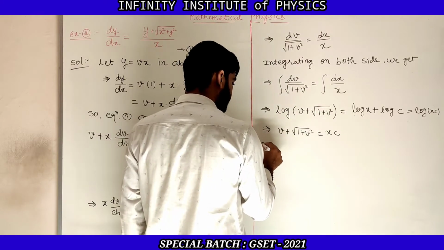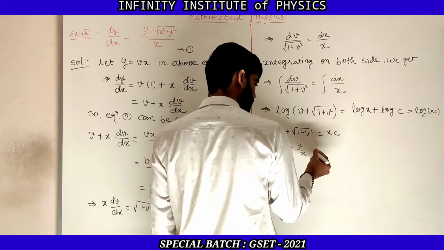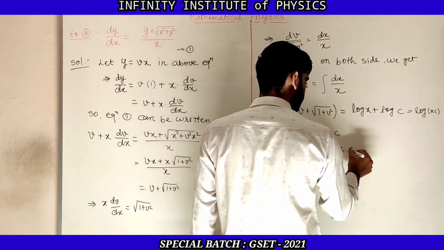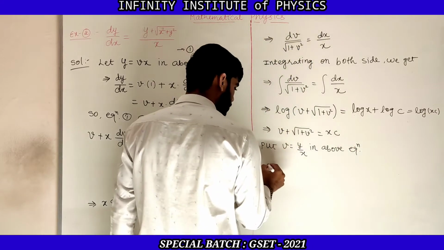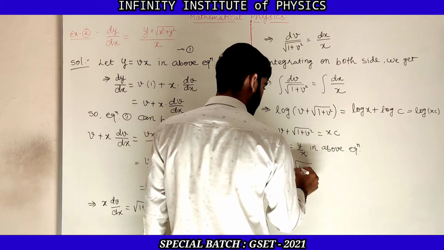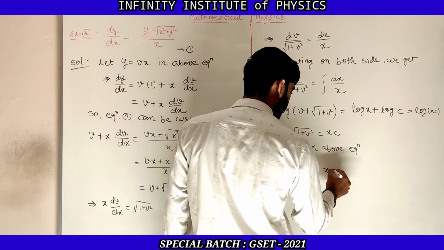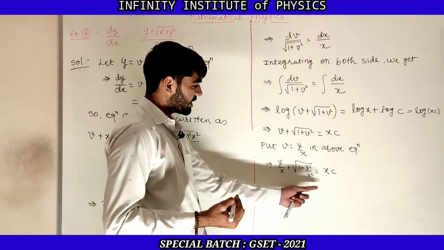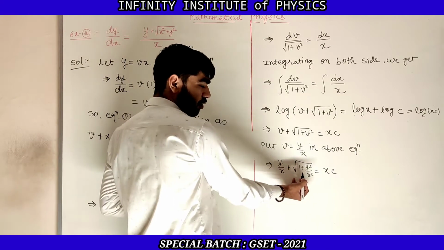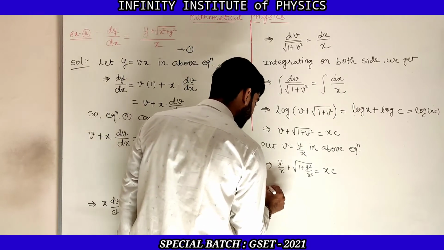So now put v is equal to y by x in the above equation. So now this is y by x plus square root of 1 plus y square by x square, which is equal to xc. Now let us take x square as the LCM, and let us take 1 upon x square common, and from both terms let us take 1 by x common, and let us take that 1 by x on the right hand side.